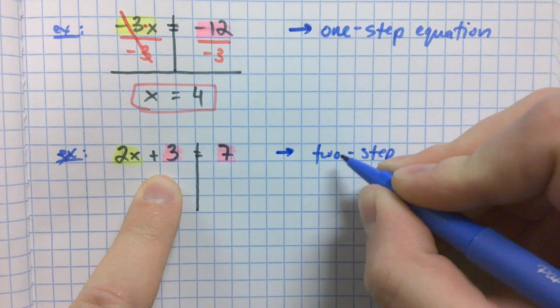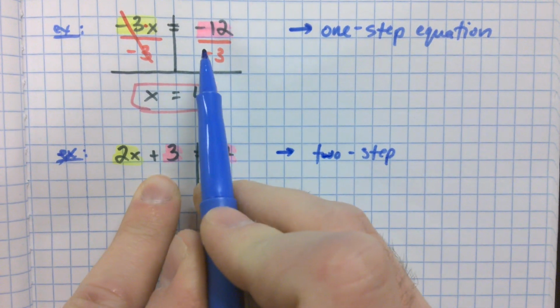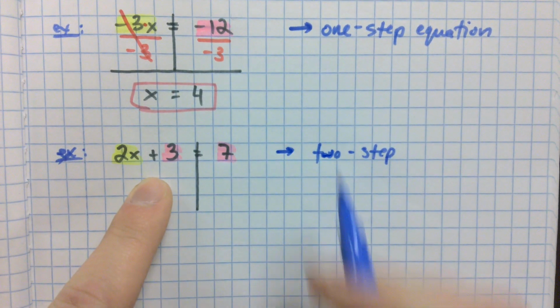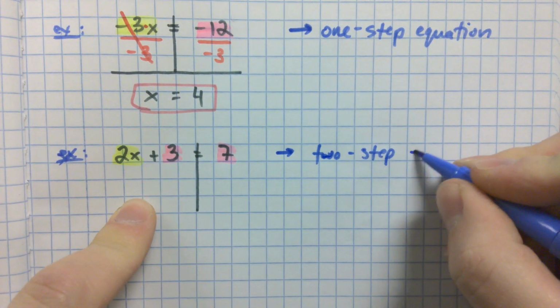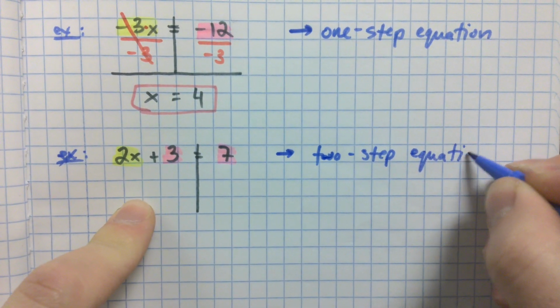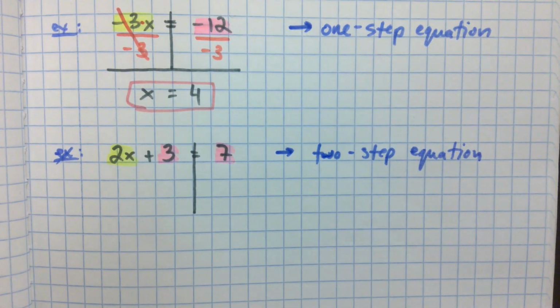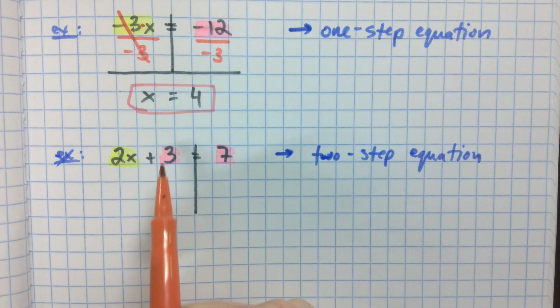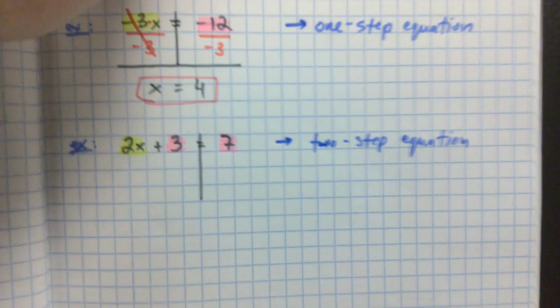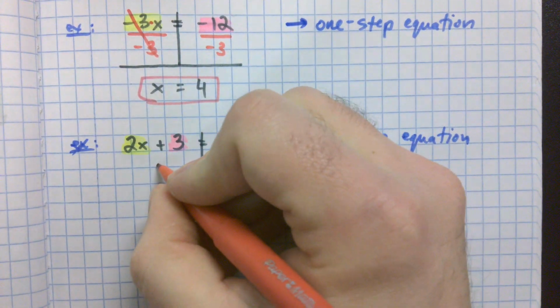Which means before we divide both sides like we did in the first example, we've got to bring that plus 3 over to the right. What would the inverse operation of plus 3 be? Minus 3, right? I heard someone say it.